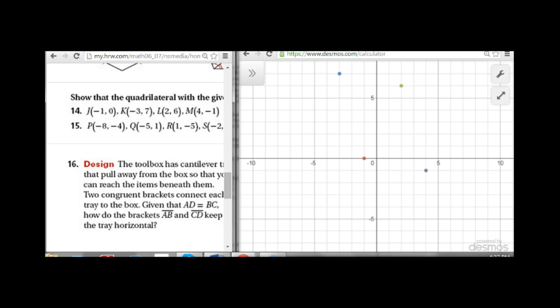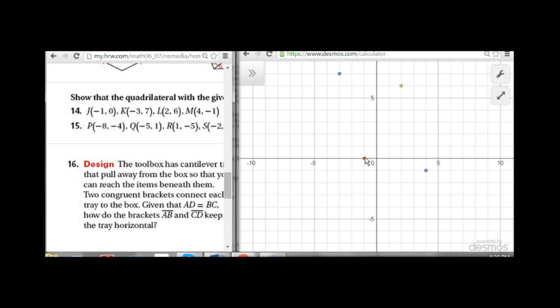So you have a couple choices here. You can go ahead and count blocks and determine the slope that way. We will notice that the slope from J, which is down here, to K, which is up here, we can calculate by counting blocks. We go down 1, 2, 3, 4, 5, 6, 7, and over 1, 2, or right 1, 2.